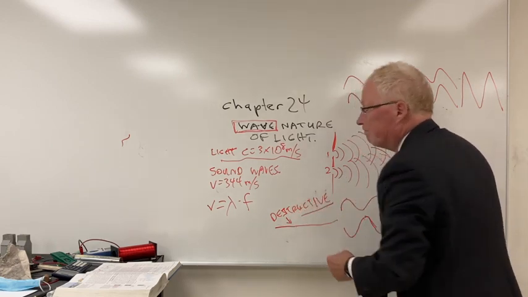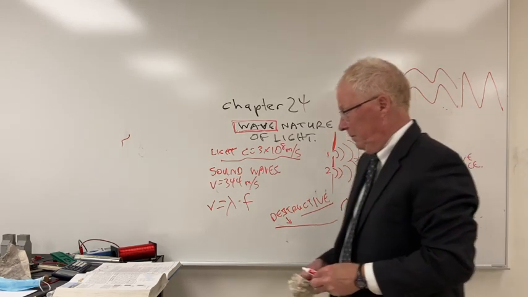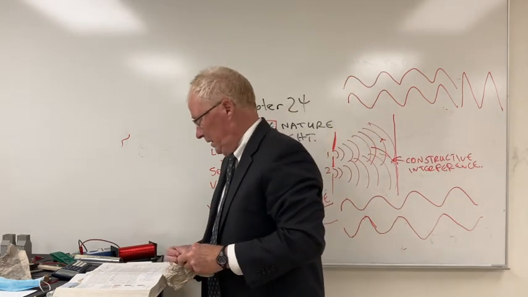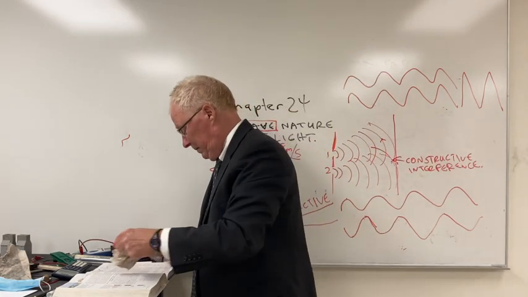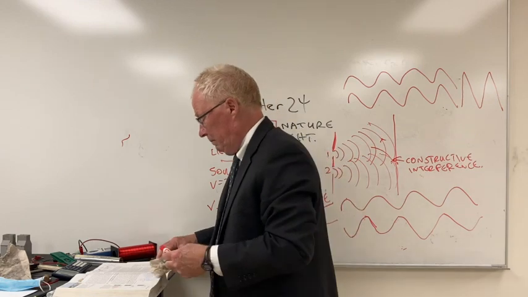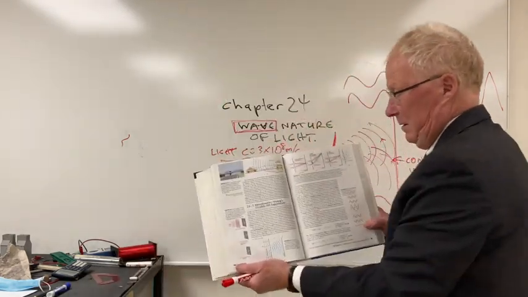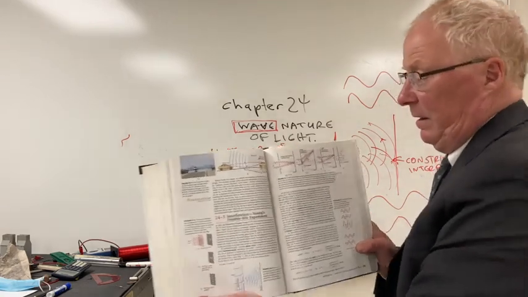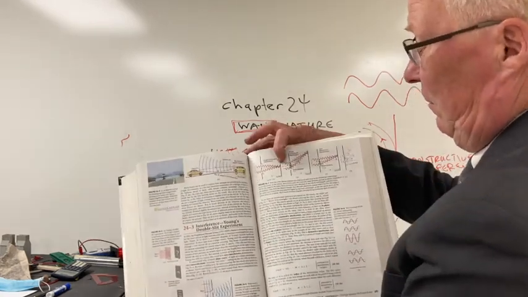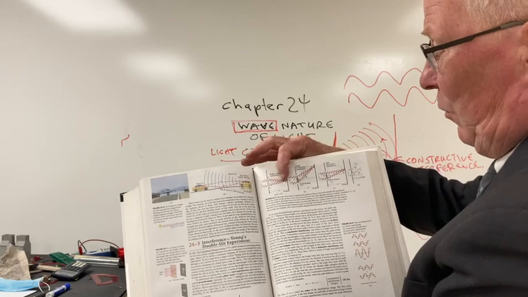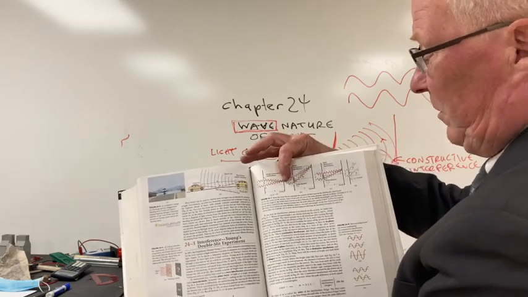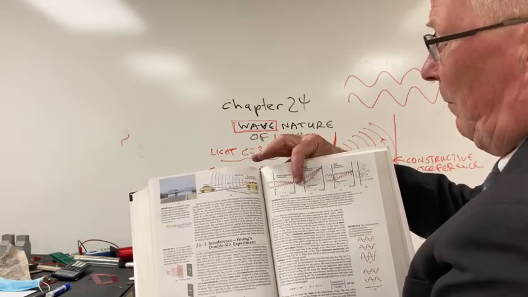All right. So what we have here is, if we go up along the side, in the center, if they're both what we call in phase, or both going at the same speed, then you'll have a positive.